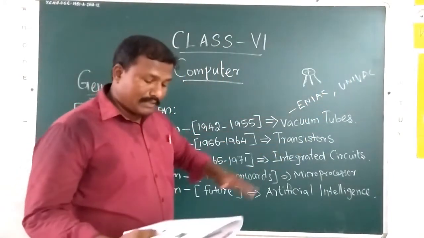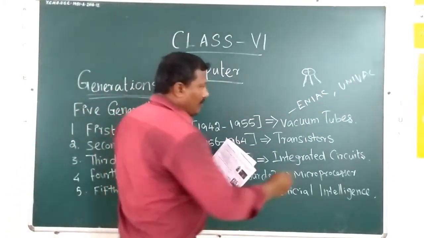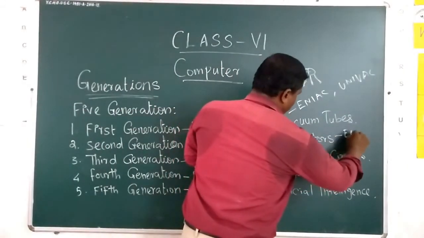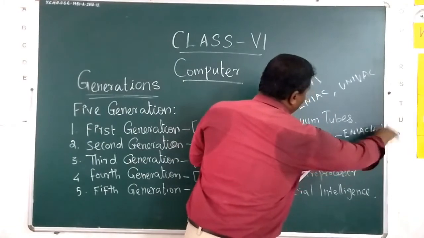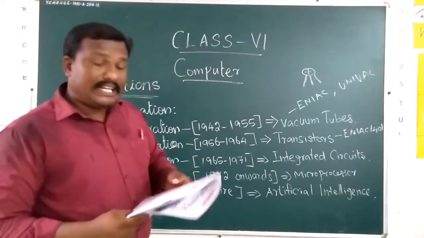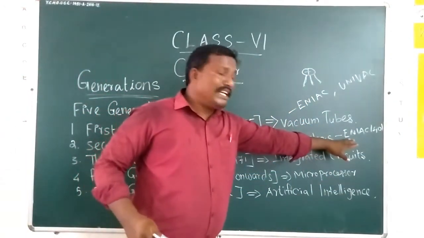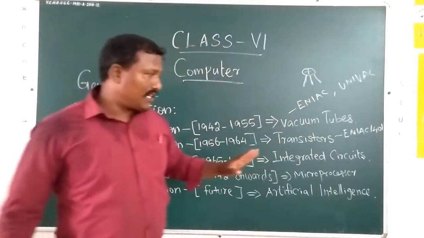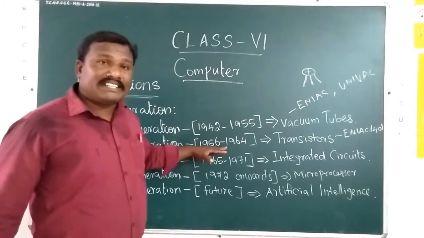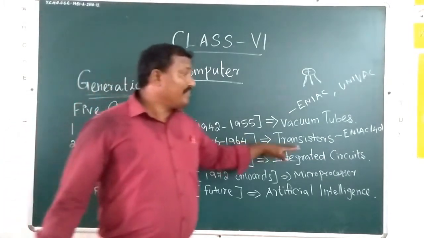Then second generation computer examples: IBM 1401. They give 3 examples, but I have only one example. IBM 1401 is an example of second generation computer. What technology did they use in second generation computers? Transistor. It's very important.